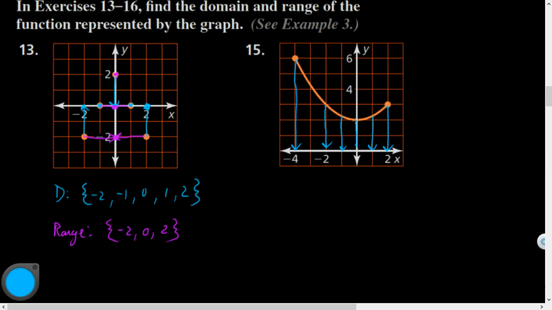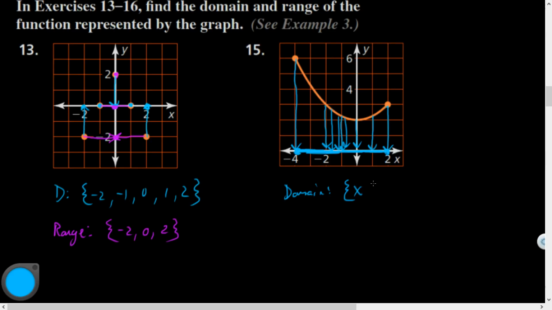So if I smushed this down, notice I would get a whole bunch of points, and I would even get half points and fractional and decimal points, and everything would get smushed down between these two values, right? The possible inputs would be everything between -4 and 2. So the domain is going to be the set of all x, and it's more than just a short list.